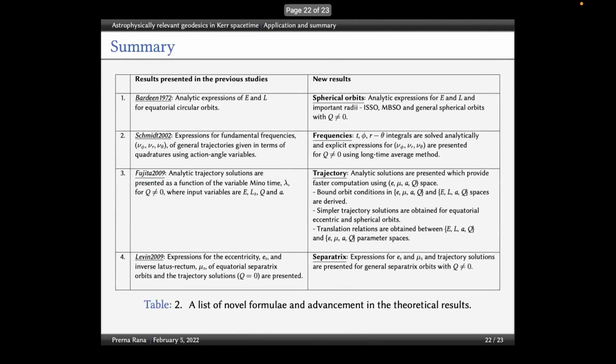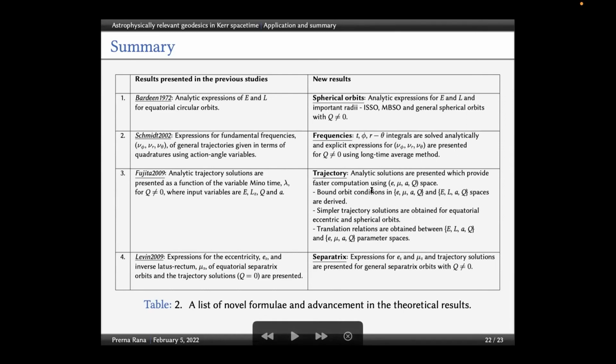So this is just a summary of all the novel formulae and how they have advanced theoretical results. For example, in the spherical case, we have energy, angular momentum and various important radii, and we have derived the frequencies of oscillation. Schmidt had studied these expressions, but given only in quadrature form, and now we have a fully analytic form.